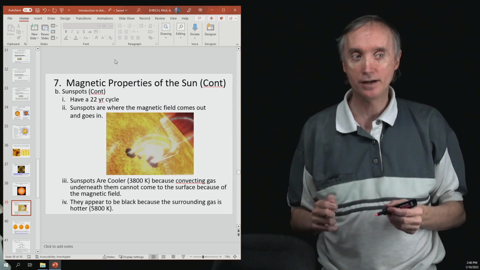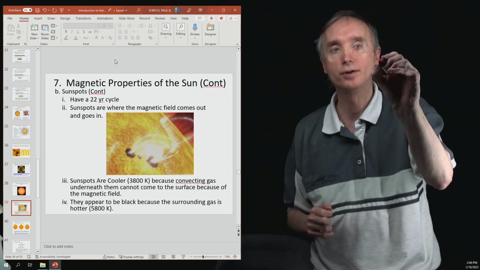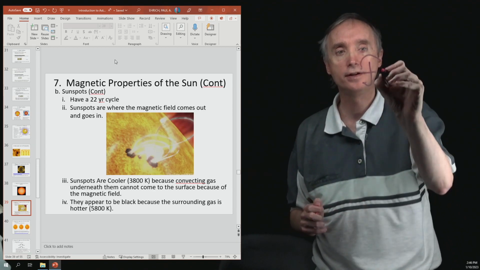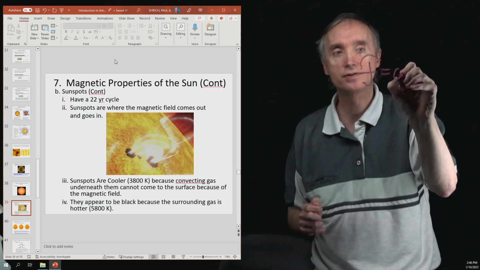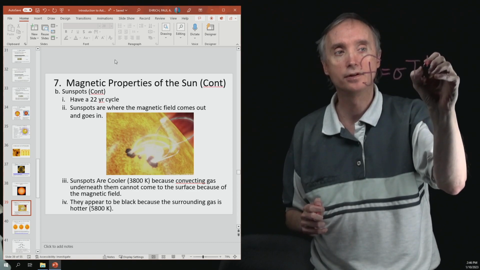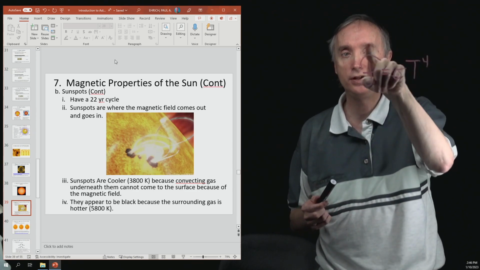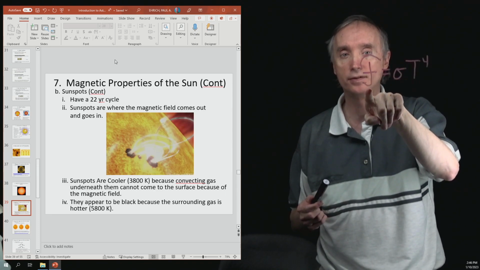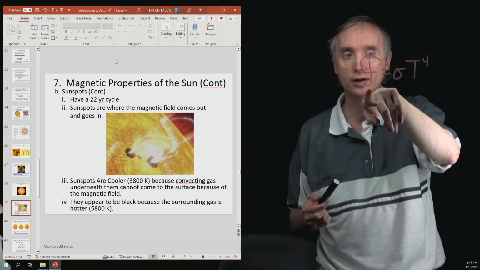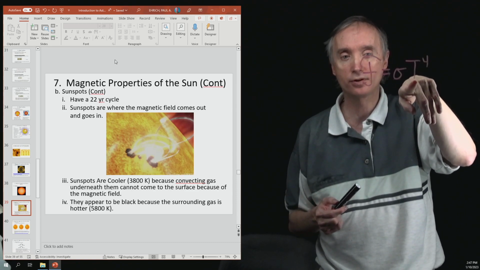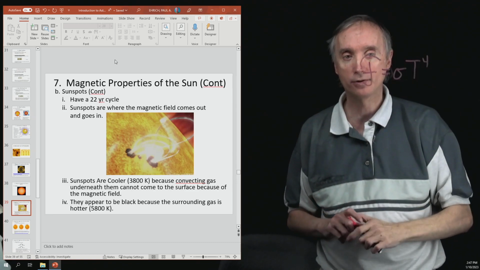If you recall, back in Unit 1, we had the black body radiation laws, and there was a formula: F equals sigma T to the 4th. This was the energy output, the energy density F, equal to a constant times the temperature raised to the 4th power.